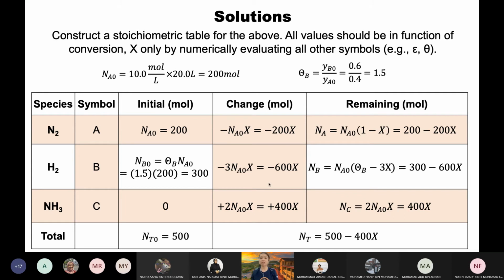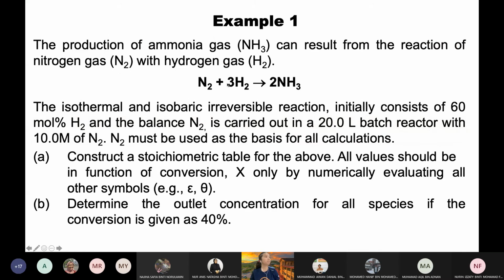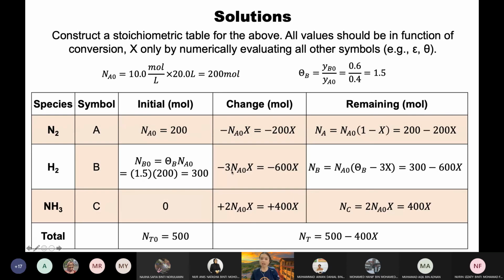What about the change? In this case, B is a reactant. Hydrogen gas is your reactant, so it will decrease. It becomes minus B per A. Don't forget, it's minus B per A. Looking at the chemical equation, B is 3 and A is 1. So minus 3 over 1 times NA0x.